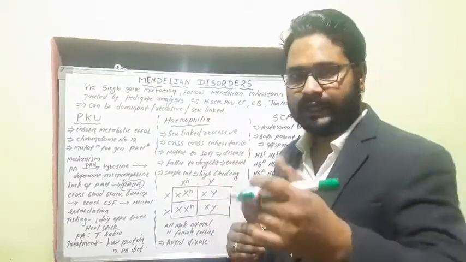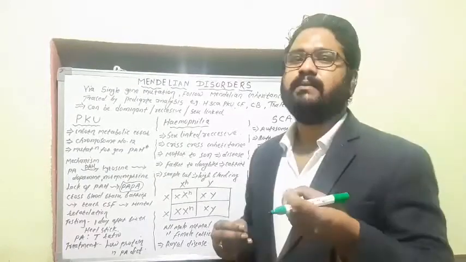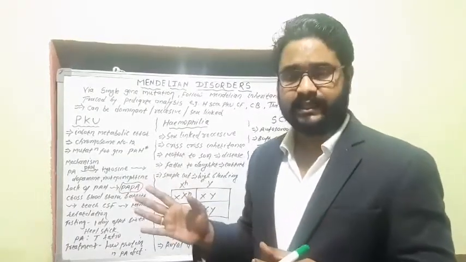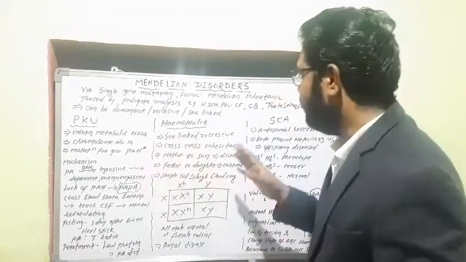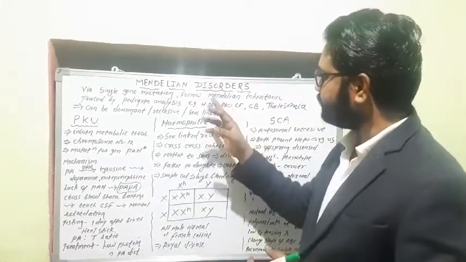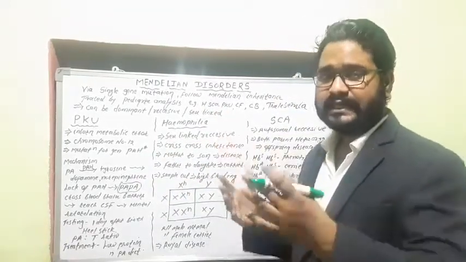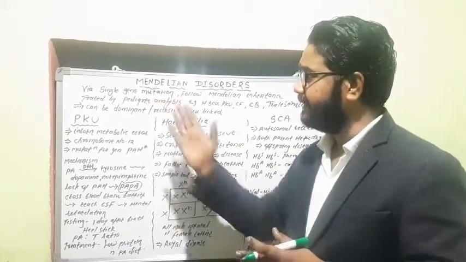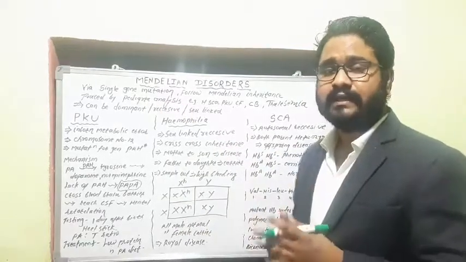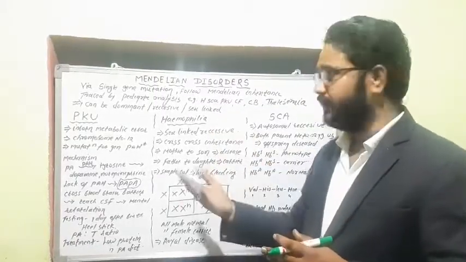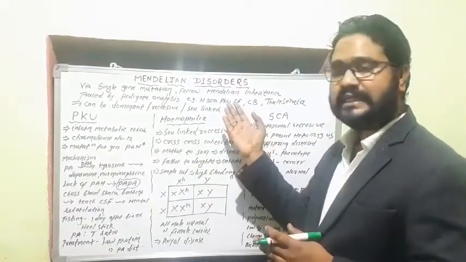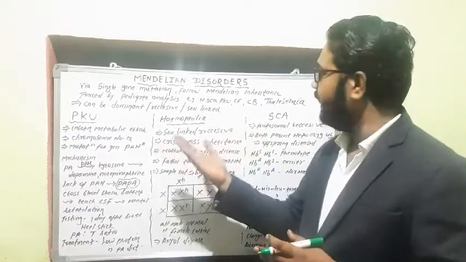To go ahead, we should remember some of the names given in NCERT as the famous Mendelian disorders. First is Hemophilia, the royal disease that is assessed in the pedigree analysis of Queen Victoria of England. Sickle cell anemia, which we are going to talk about. Then phenylketonuria, we will start the topic with that.